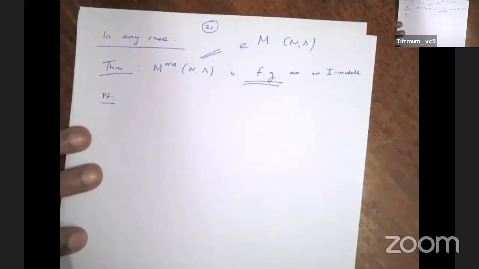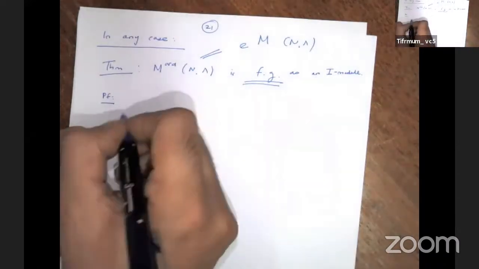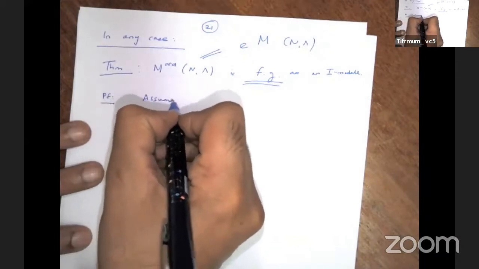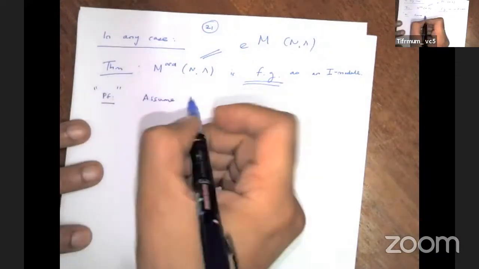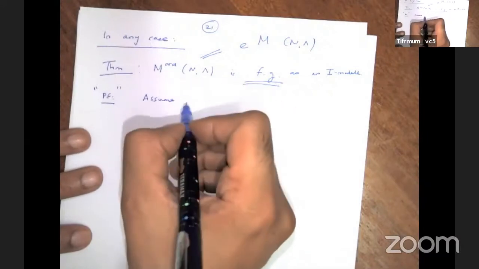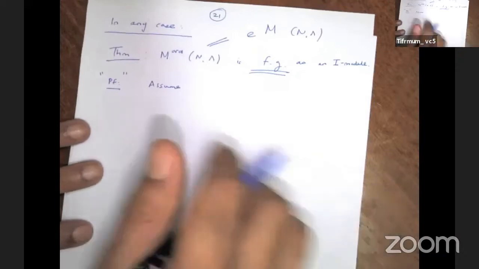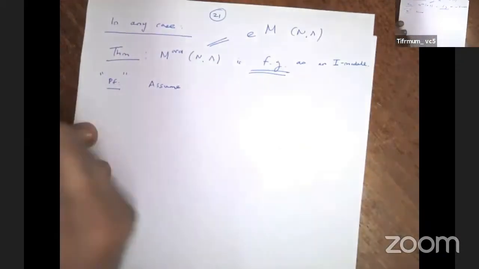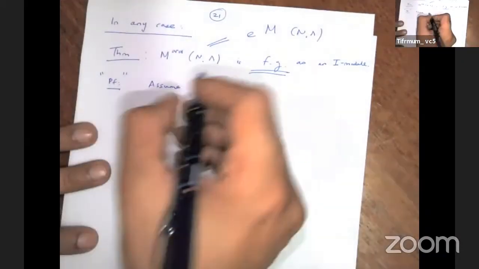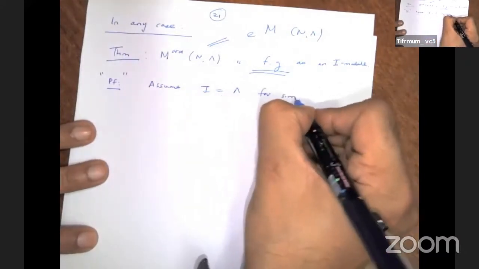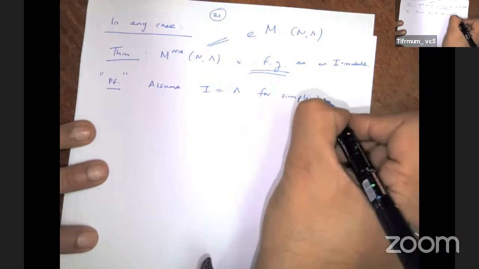Okay, so proof. Why is this finitely generated as an I module? This is really a sketch of a proof, because it uses many things in many books. But I think it's extremely important to do this sketch because it motivates the definition of the finite generation quite well. So assume I equals lambda for simplicity. Okay.